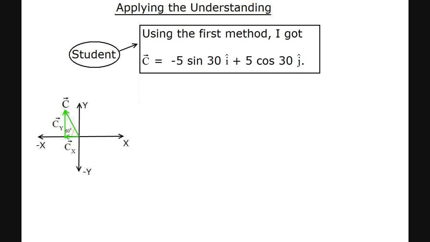Using the first method, I got C bar equal to minus 5 sin 30 times i hat plus 5 cos 30 times j hat.